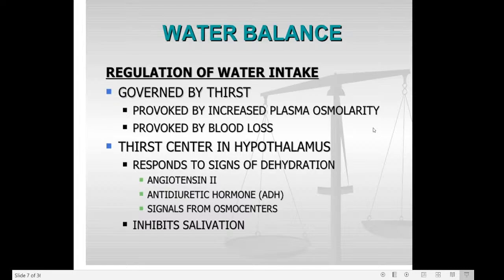The hypothalamus helps produce the hormones angiotensin 2, antidiuretic hormone, and signals from the osmo center. If dehydration happens in the body, we feel giddiness, an unbalanced feeling, and illness. That is all about the regulation of water intake.